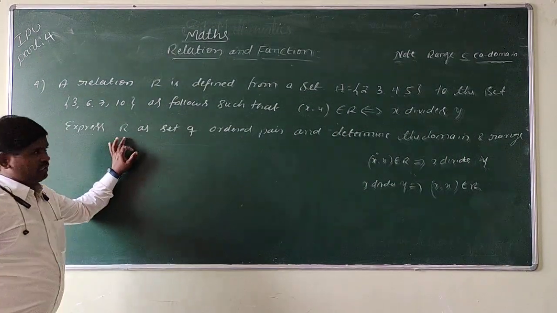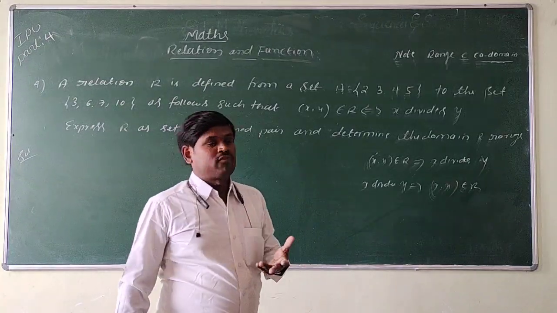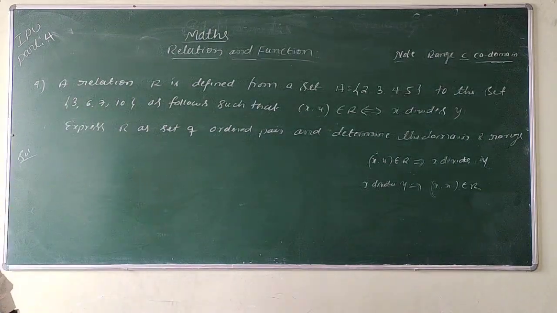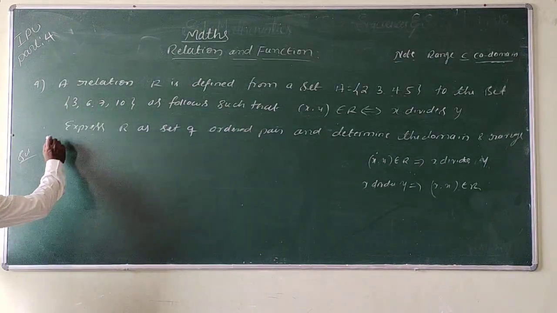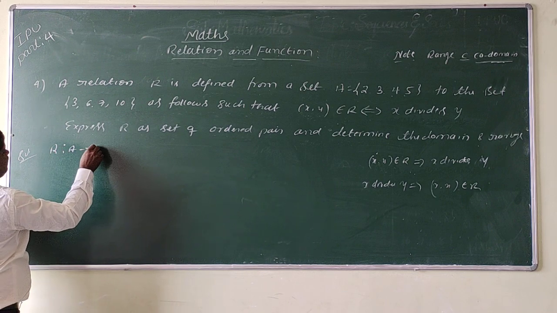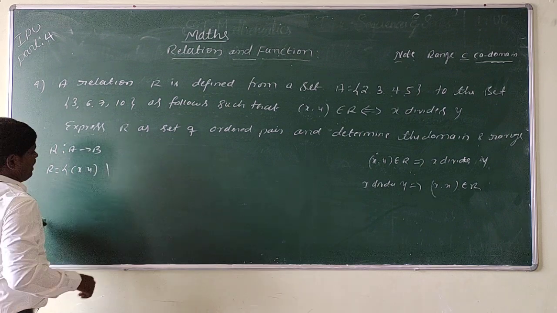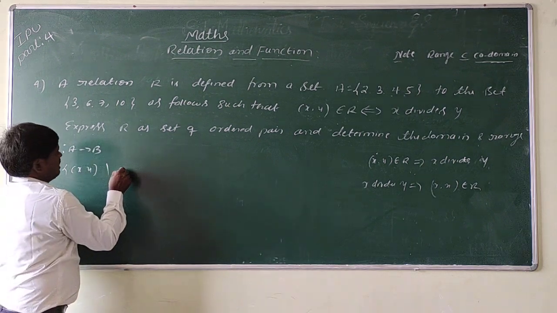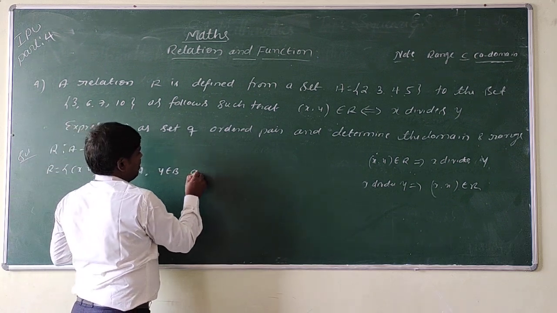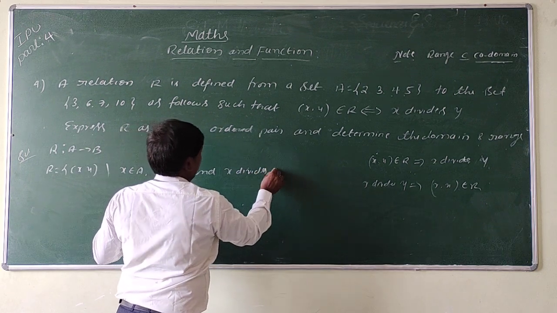Express the relation R as a set of ordered pairs, that is, roster form, and determine the domain and range. So the solution: R is a mapping from set A to B, and R is the set of all ordered pairs (x, y) such that x belongs to A, y belongs to B, and x divides y.